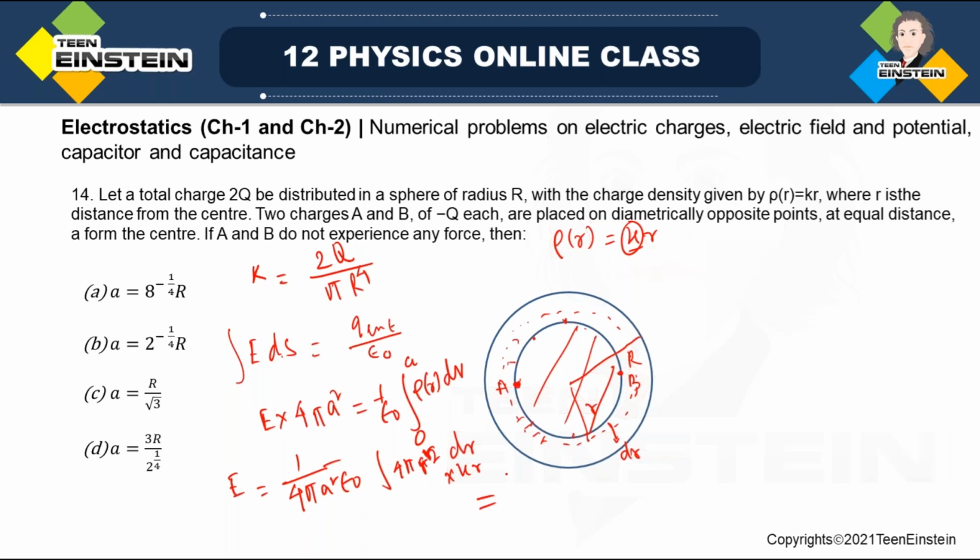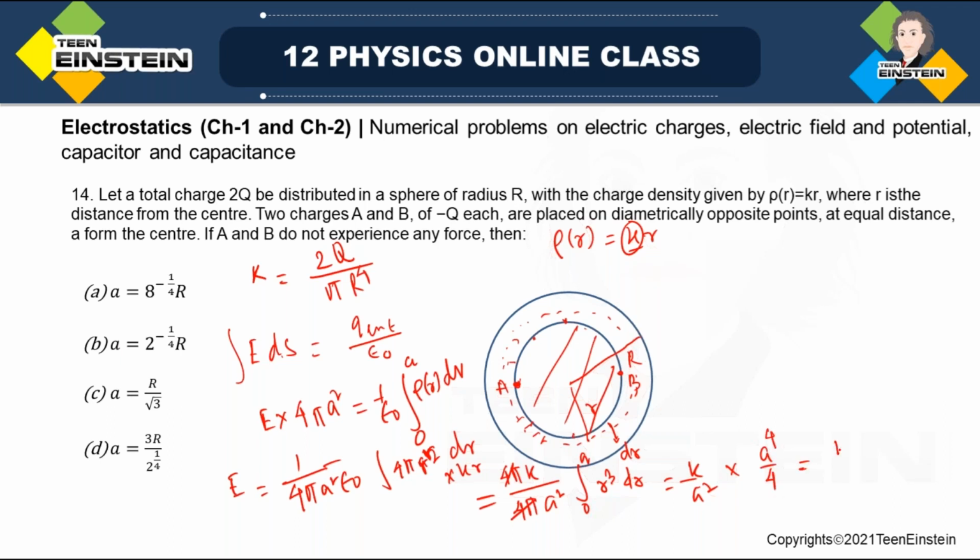So from here what we get, 4 pi k divided by 4 pi a square, and the integration will be from 0 to a, this is r cube dr. So from here, 4 pi goes up here, k by a square into a to the power 4 by 4.